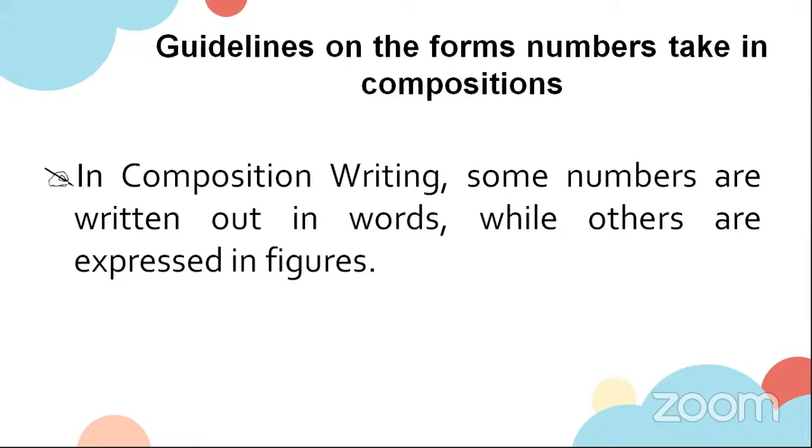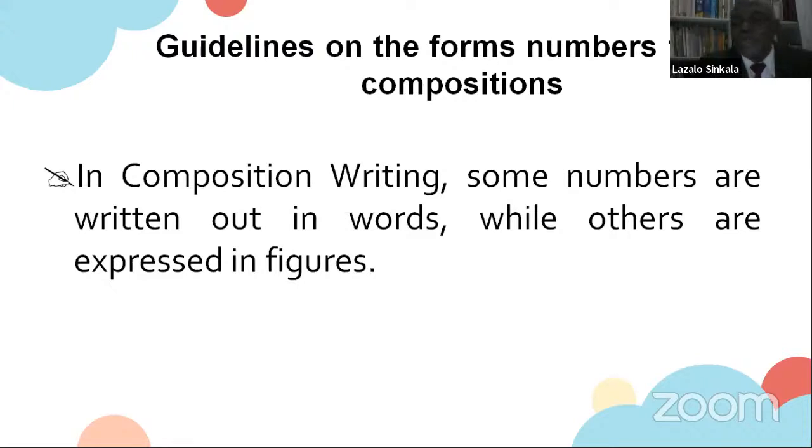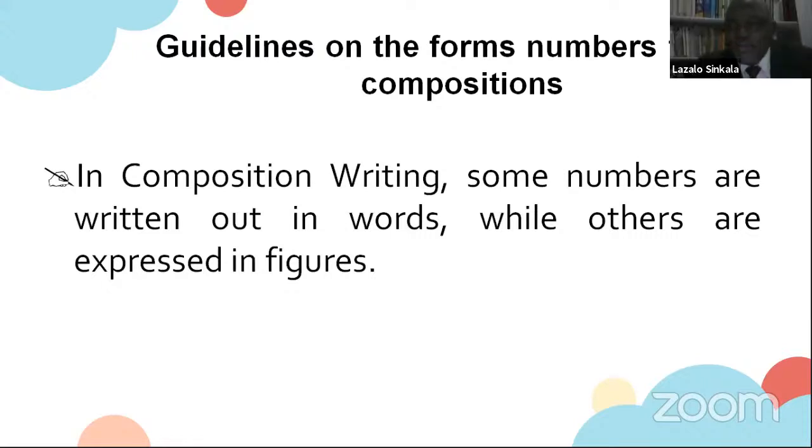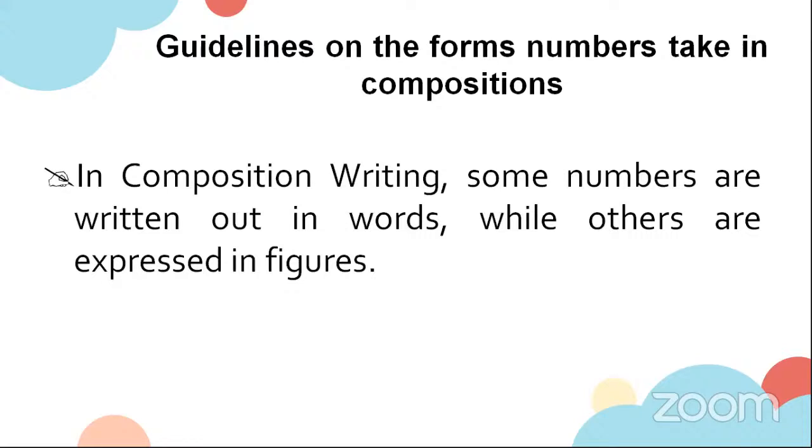Others are supposed to be written in words. And that is what is cardinal when it comes to composition writing involving figures, whether it be statistics or diagrams. It is the linguistic ability. Are they able to write accordingly?